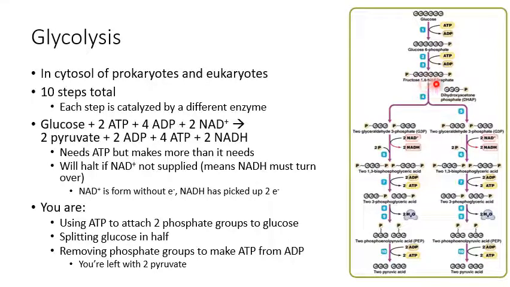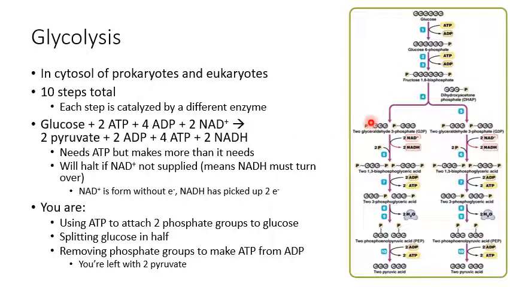The next step after that is to split this molecule into two. So then we end up with two 3-carbon molecules. And at that point, the diagram here splits into two to show the process that's occurring for each of those molecules, but then they actually drew both of them on each side also, so it looks like there's 4, but there's only 2.